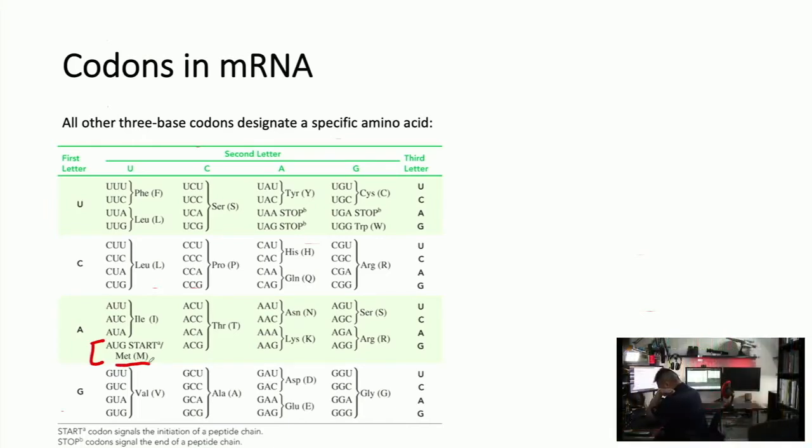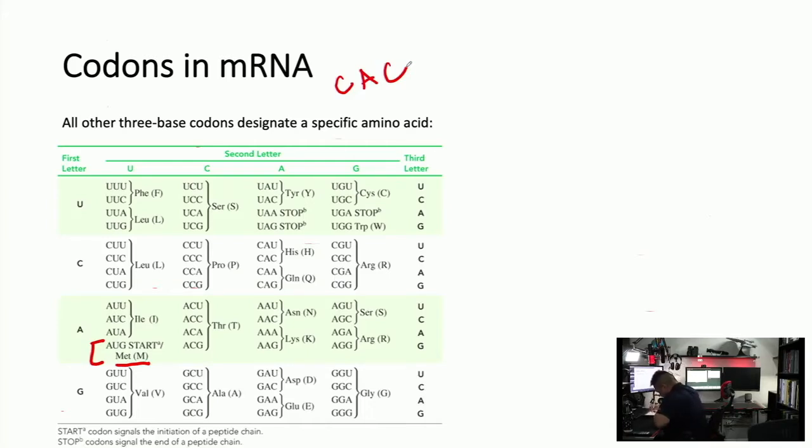So it's easy to read this chart. For example, let's say you're looking for the code cytosine, adenine, cytosine. So what amino acid does that code for?